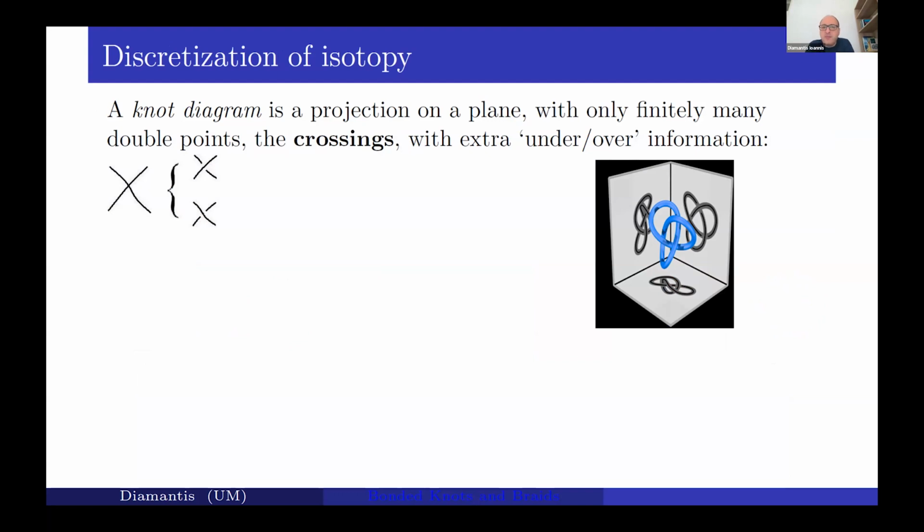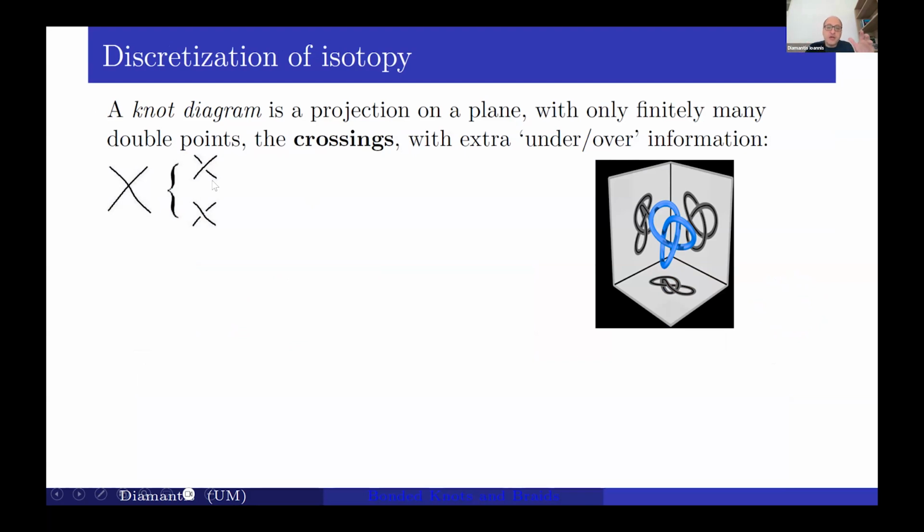So what is a knot diagram? It's nothing but a projection of a knot onto a plane, right? But it has to have some restrictions. For example, we only allow finitely many double points, which we call crossings, as you can see here, with this extra information of which strand goes above the other. We call that under-over information.